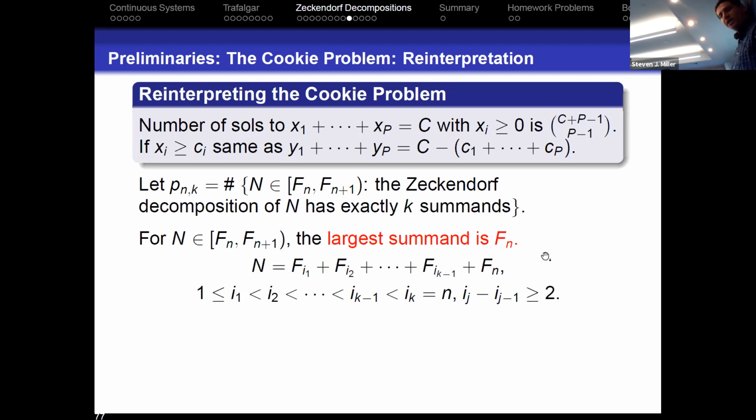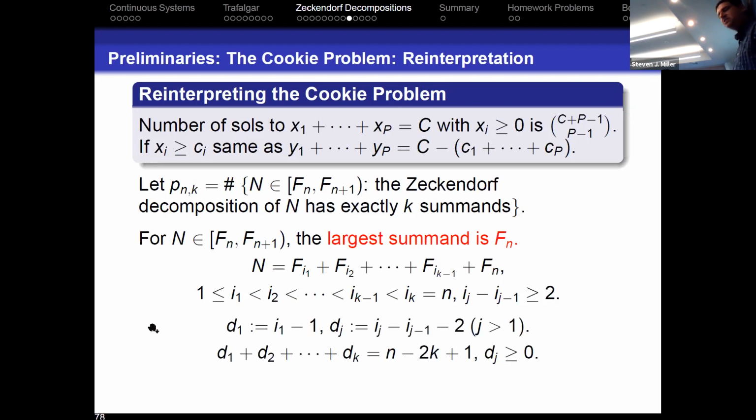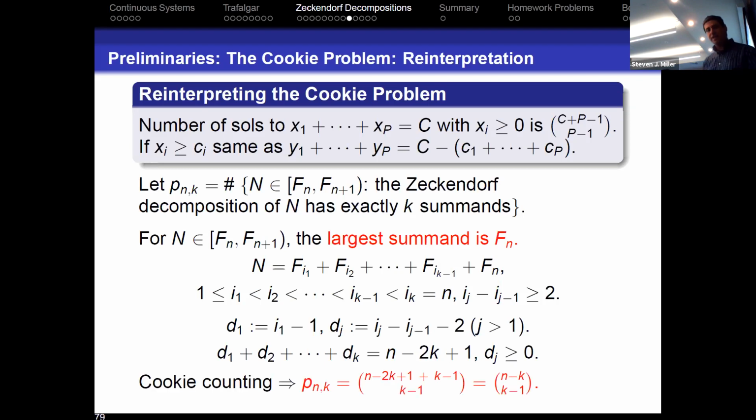So I'm going to let the d's be the gaps between the indices. And for each gap, I'm going to take what I know it has to be at least as large as, and then add a little bit more to it. And so when the dust settles, I get the sum of the d's is equal to something related to n, so that the number of ways of having an integer between Fn and Fn plus 1 with exactly k summands is just going to be n minus k choose k minus 1.